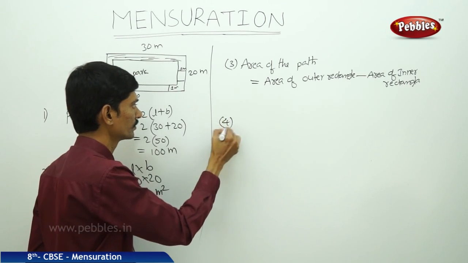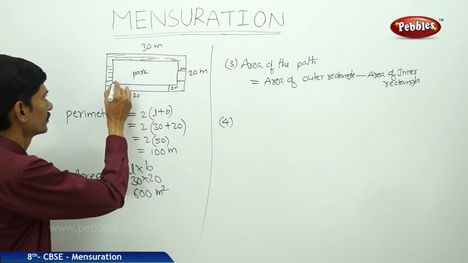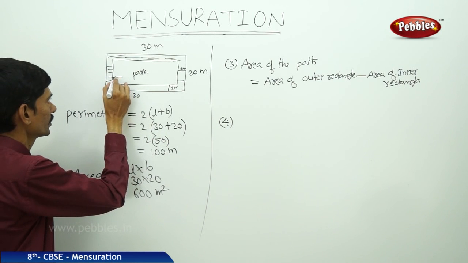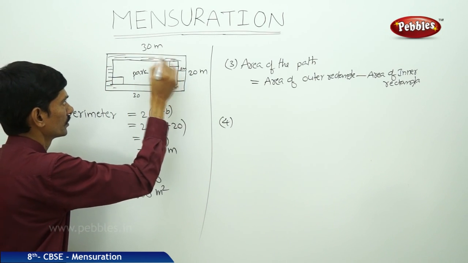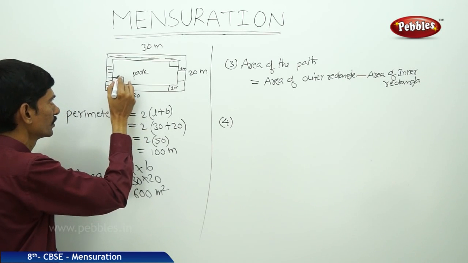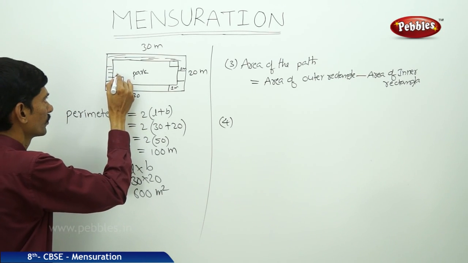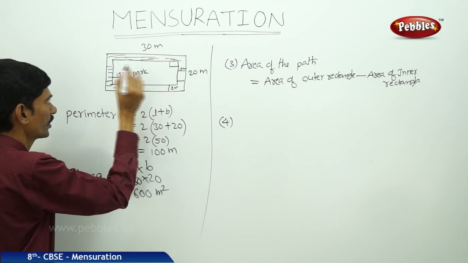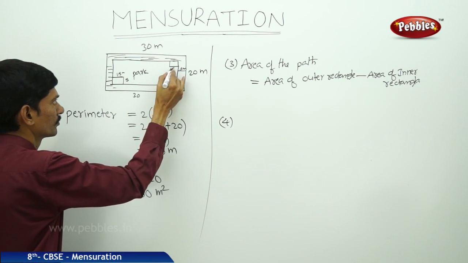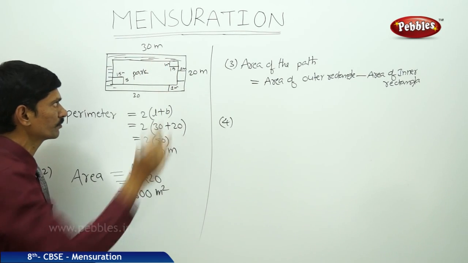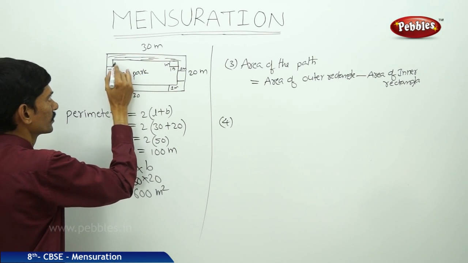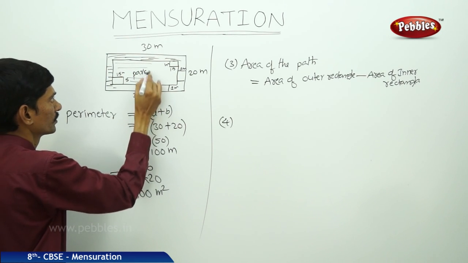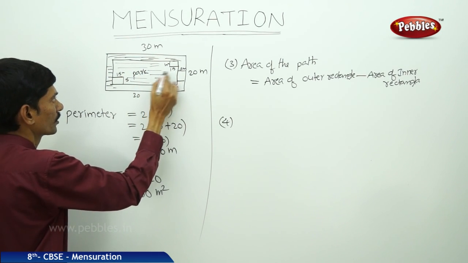Now if you consider two flower beds inside the park whose length is 1.5 meters and breadth is 5 meters, then how to find the remaining area of this park covered by the garden?